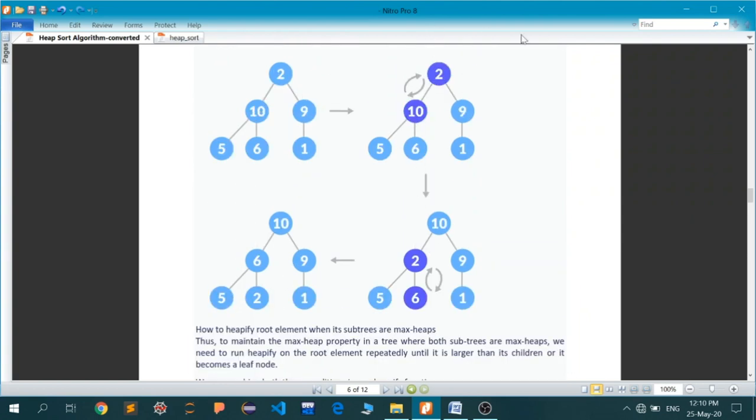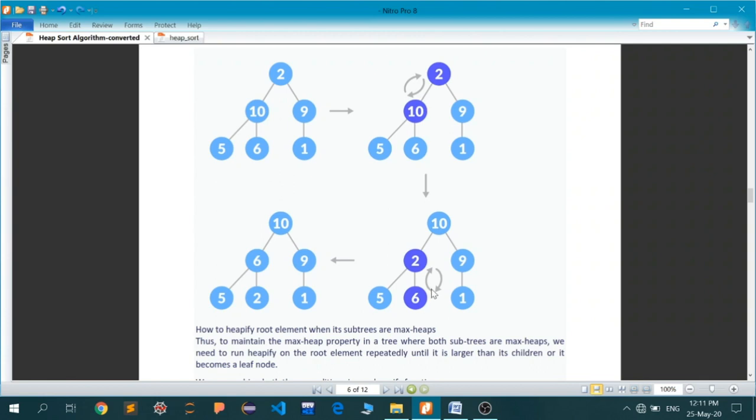In this case, first we have applied the heapify function here, and the largest is pointing here. Now this 2 doesn't fit according to the rules of max heap. So this particular heapify function, which has been applied to this particular node, will call the heapify function again. That is, it will call itself to convert this left subtree into a max heap.